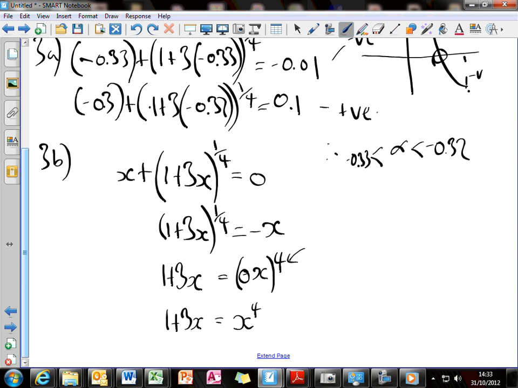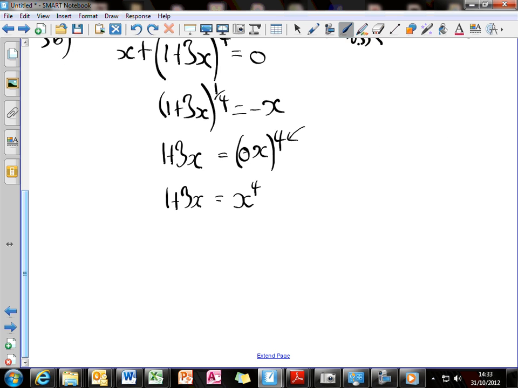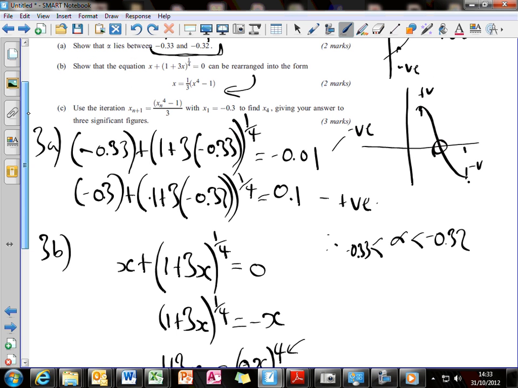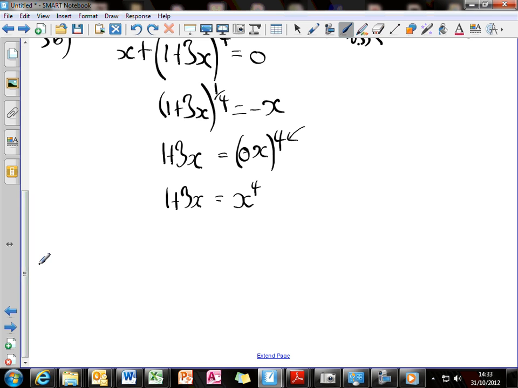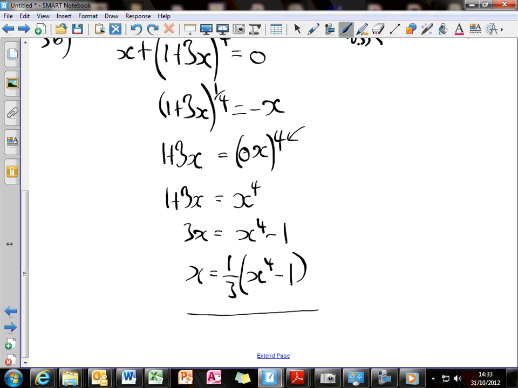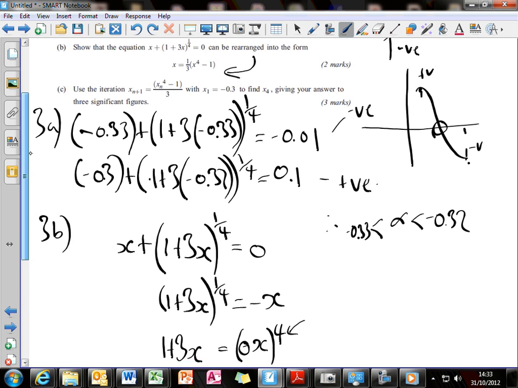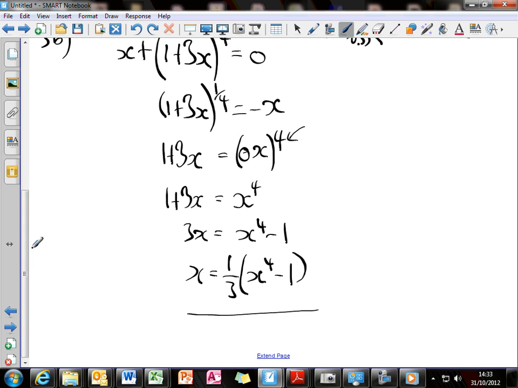Okay. And then it's just a case of, well, what are we trying to show actually? x is a third of that. Okay, so we're going to keep that 3x there, x to the power of 4 minus 1, and then x is going to be 1/3 of all of that, and that's what we're trying to show. And you can see that they're the same. That's 2 marks.